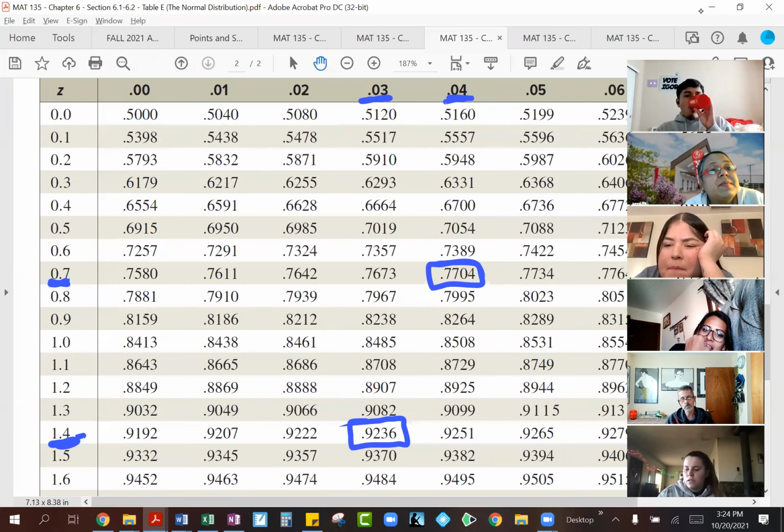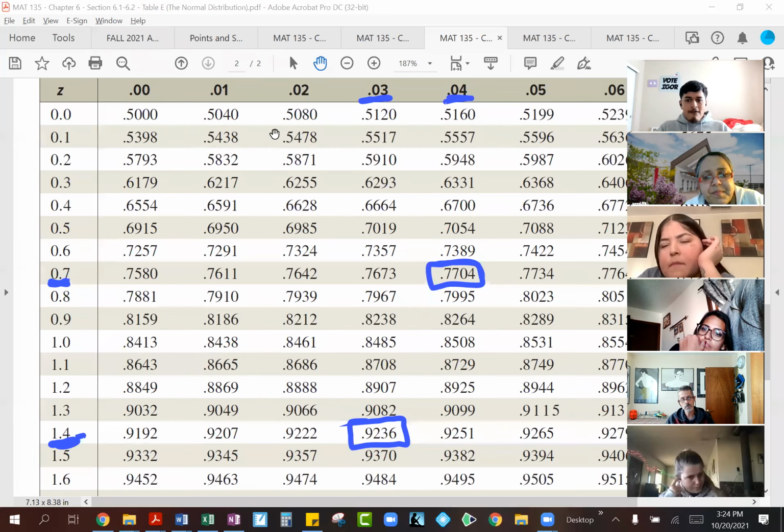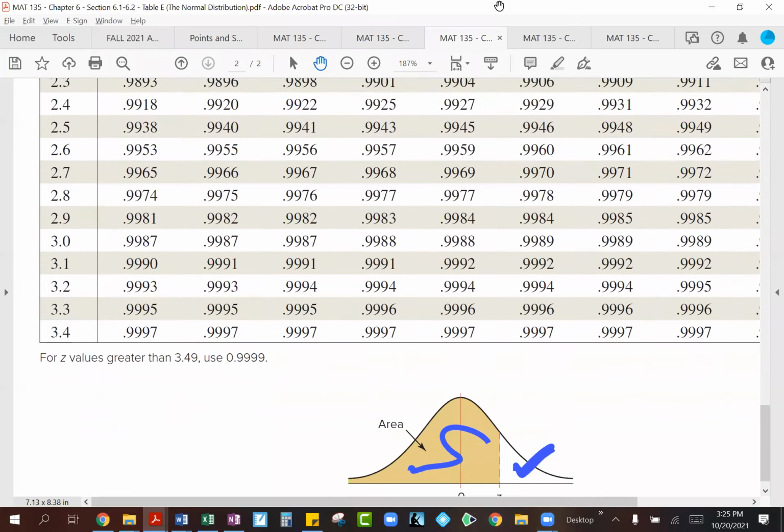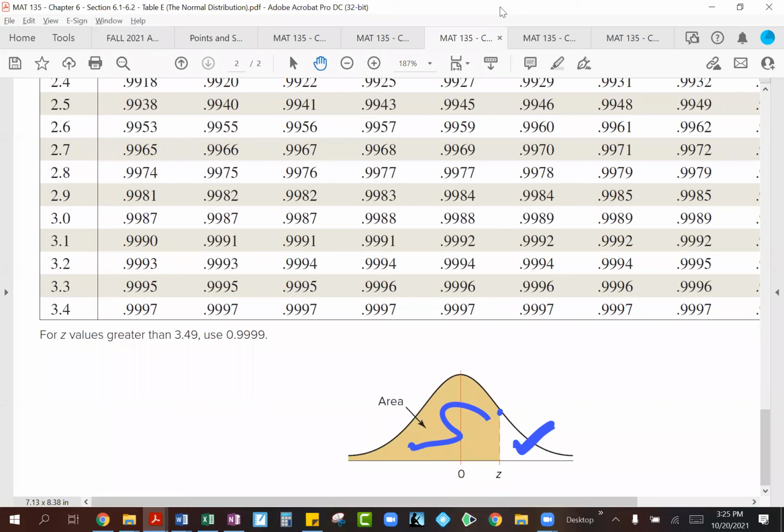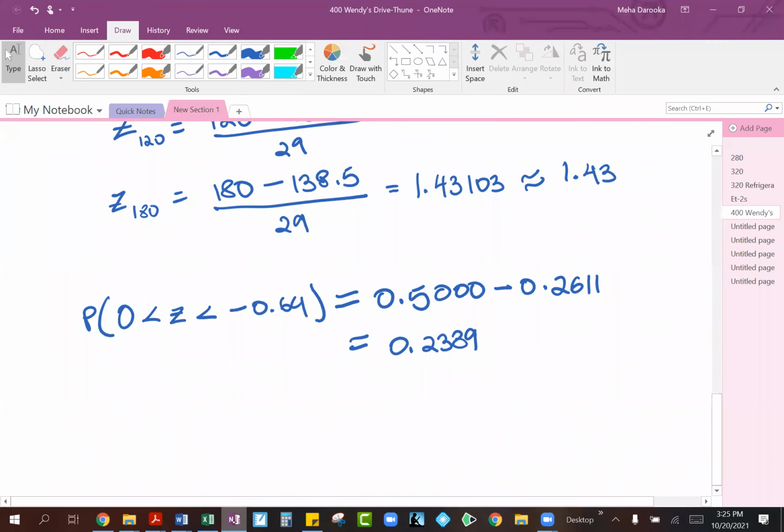Very nice. 0.9236. So again, remember 0.9236 is going to be from where your z-score is all the way to the left, right? So it's going to be all of these areas.